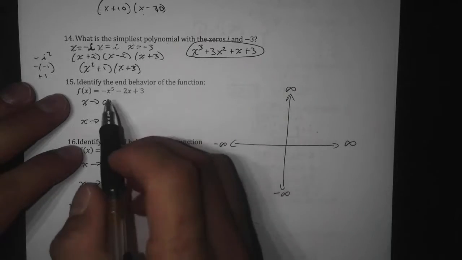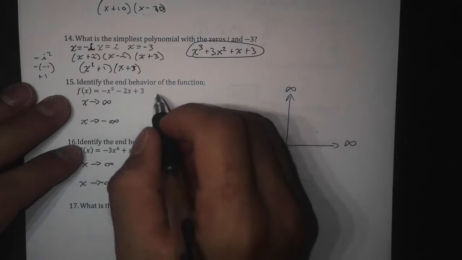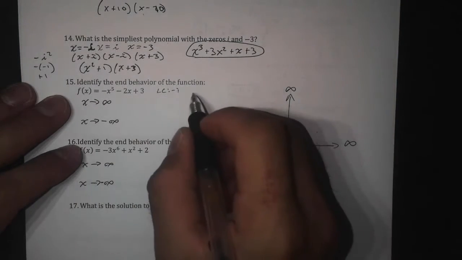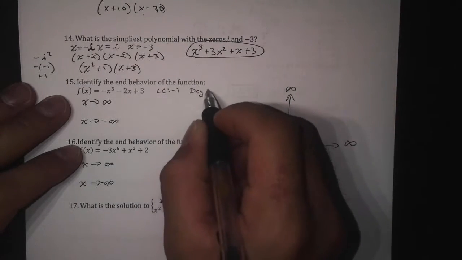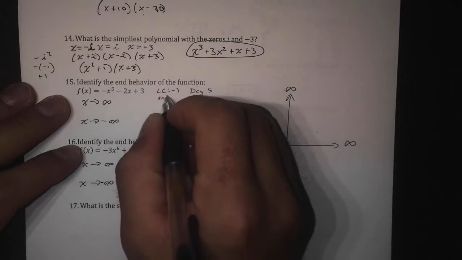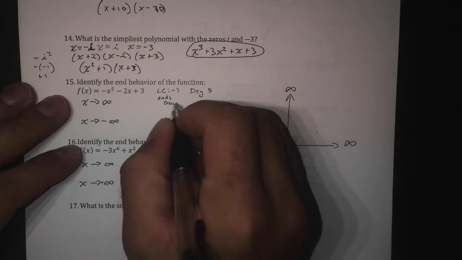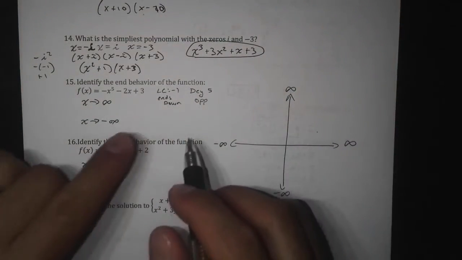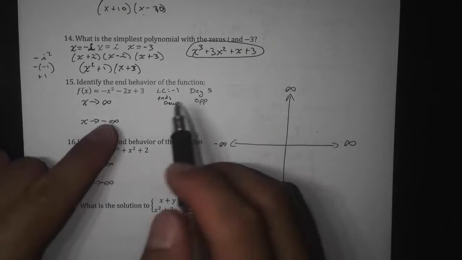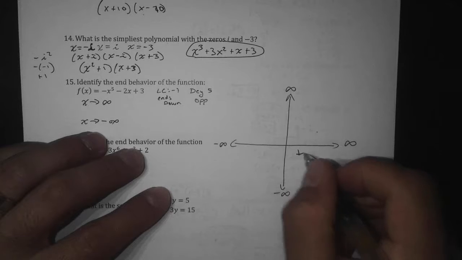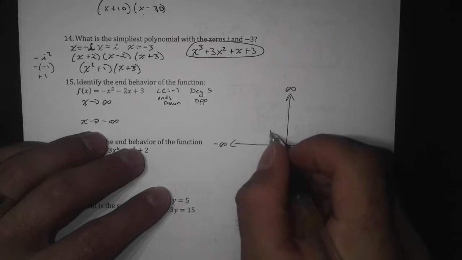What we have to look at next is the leading coefficient and degree. Leading coefficient, it's negative, it ends down. Degree is 5, opposite. Meaning, this function will end down, and the other side is the opposite.